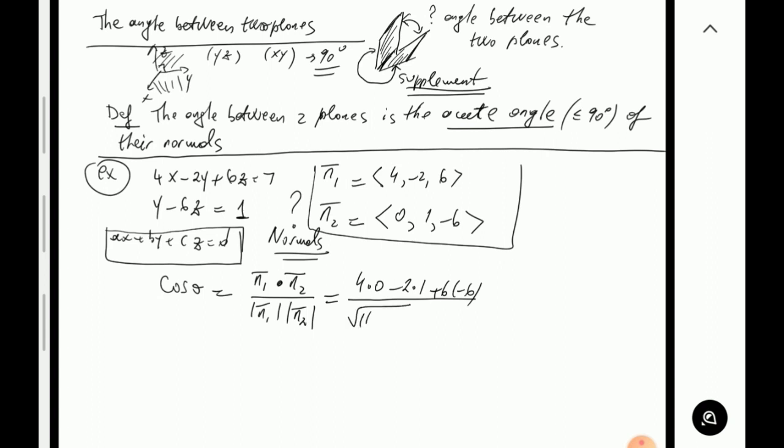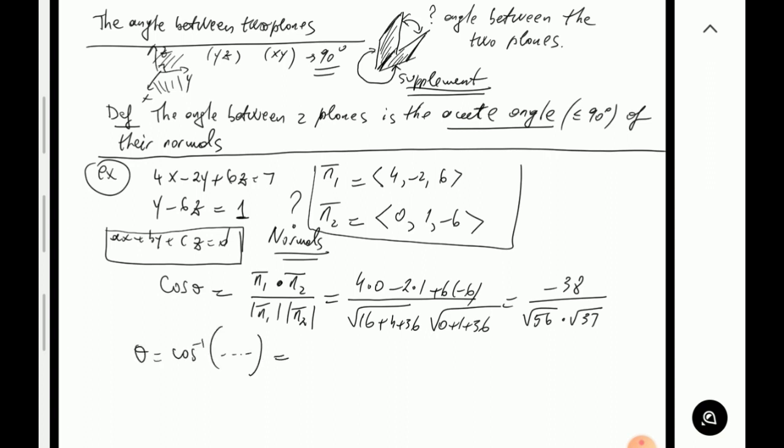Magnitude of n1 and n2: 16 plus 4 plus 36, and 0 plus 1 plus 36. So I'll get minus 38 on the top over root 56 times root 37. Obviously use a calculator, take an inverse cosine of that quantity, and you should end up with approximately 147 degrees.